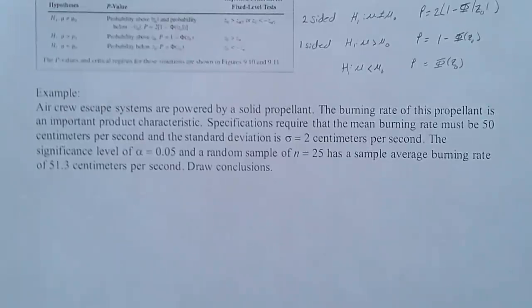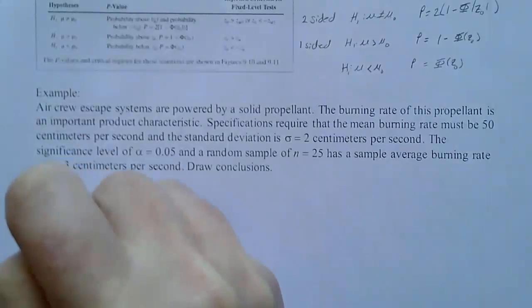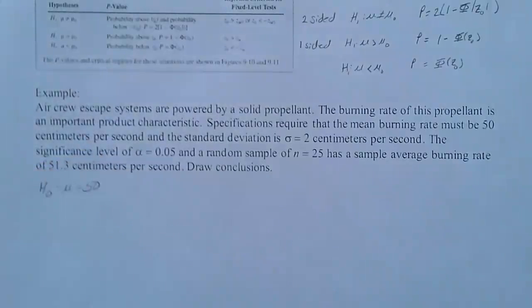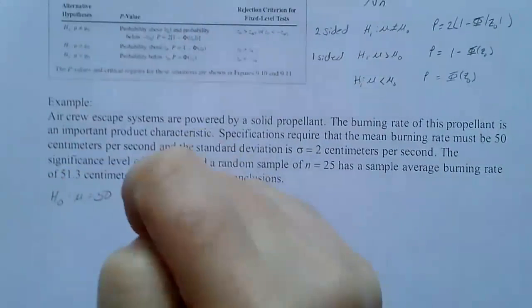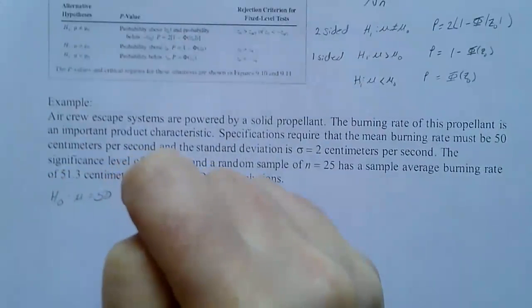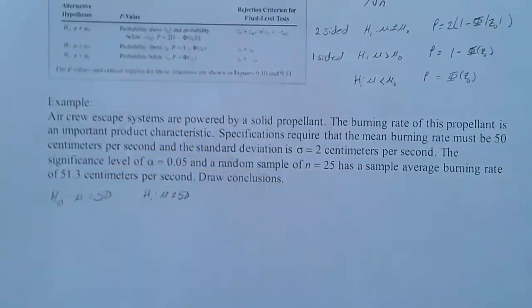Well, we're looking at the mean, so our parameter of interest is the mean, as it will typically be. And so our H naught, our null hypothesis, is that the mean is equal to 50, because that's what we actually want to have happen. The alternative hypothesis is that the mean is not equal to 50. And so in this case, we have a two-sided hypothesis test, equal to 50 or not equal to 50.